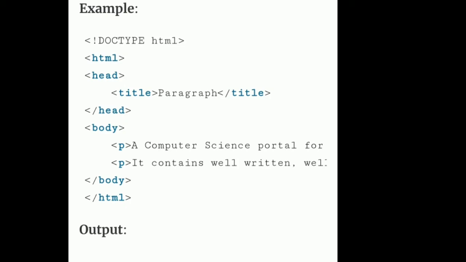The output is: this paragraph has multiple lines, but HTML reduces them to a single line, omitting the carriage returns we have used. This paragraph has multiple spaces, but HTML reduces them all to a single space, omitting the extra spaces and lines we have used.